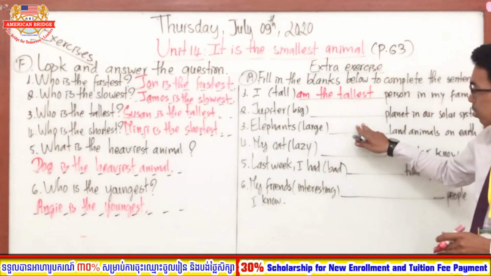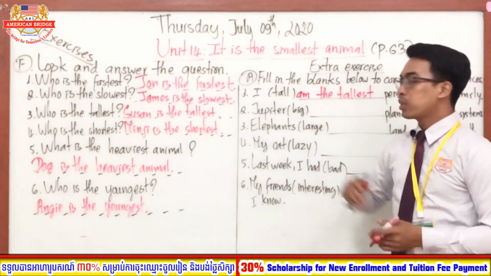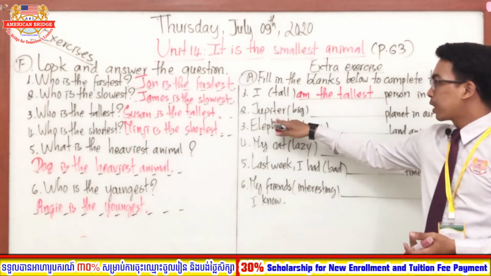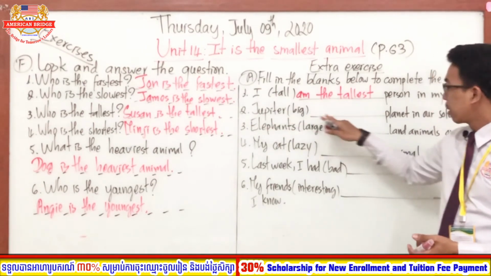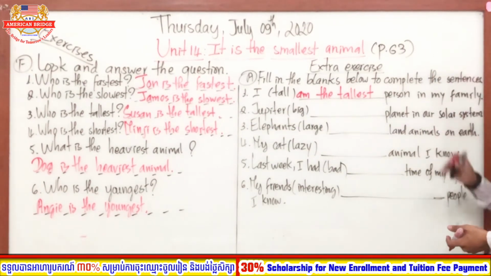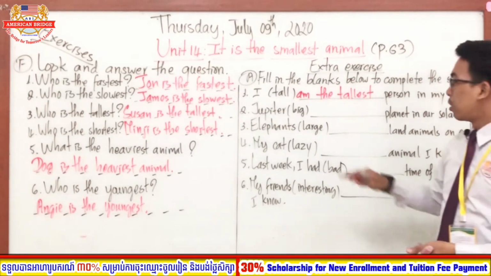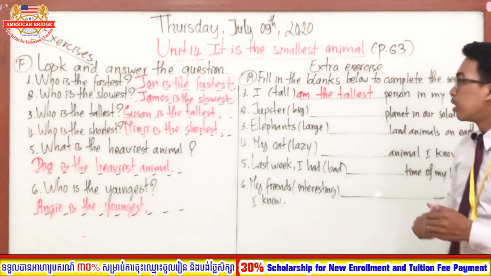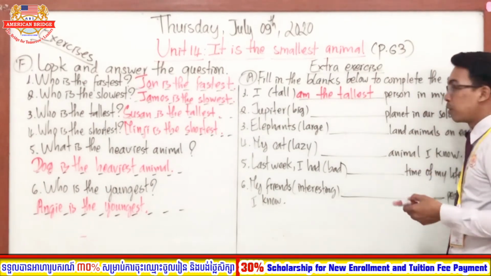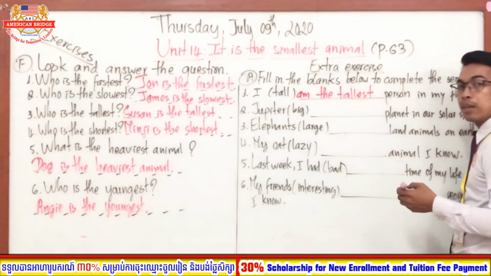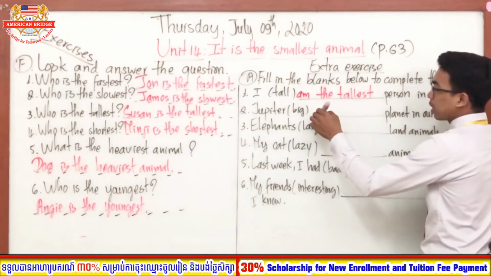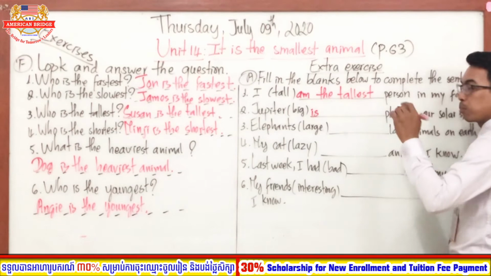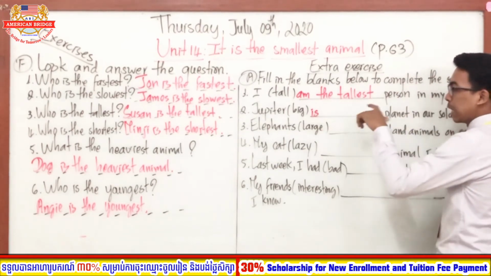Okay. Good. So now let's move on to number 2. Jupiter, and we have the word big, planet in our solar system. So you have to change it to the superlative sentence. Can you tell me the answer? Very good. Because Jupiter is only one, we use the to be is.